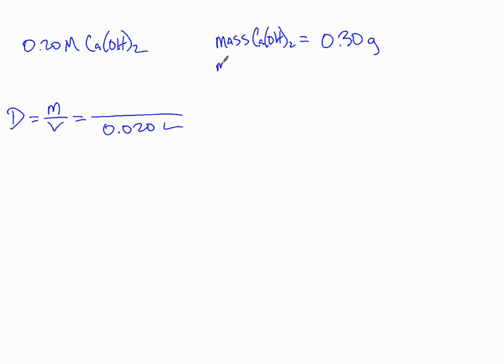So we need to know the mass of the water. Here's how we're going to do it. We have 0.02 liters. What all do we know? Let's change it to milliliters.